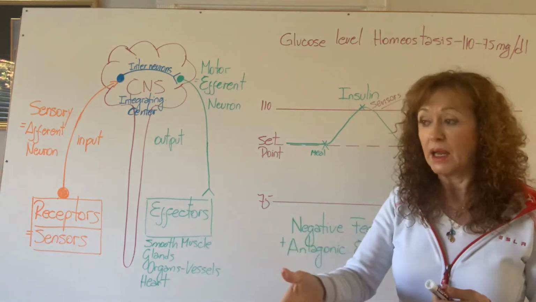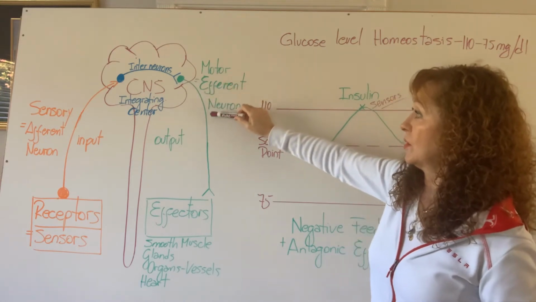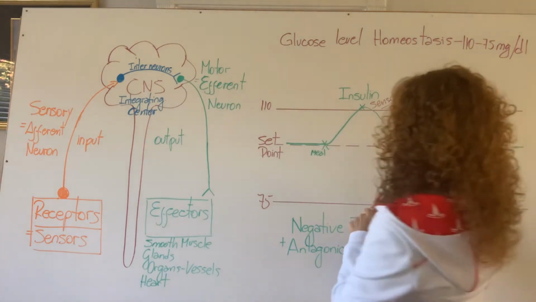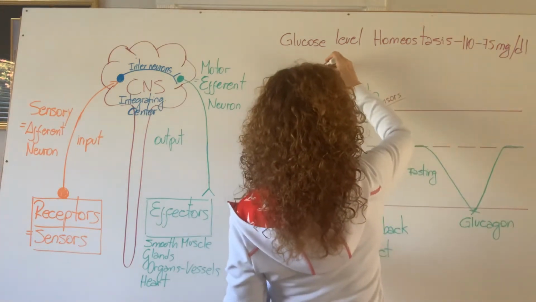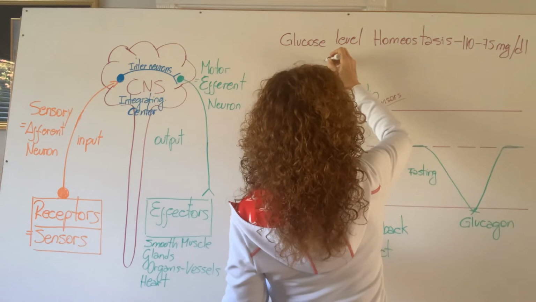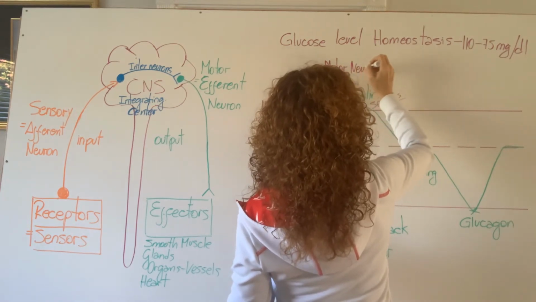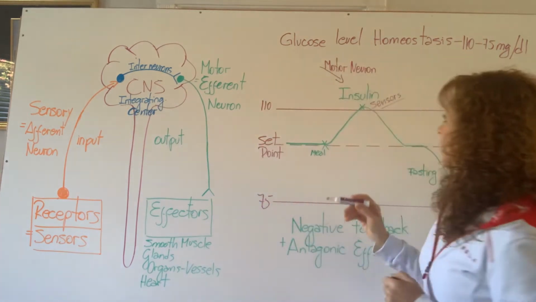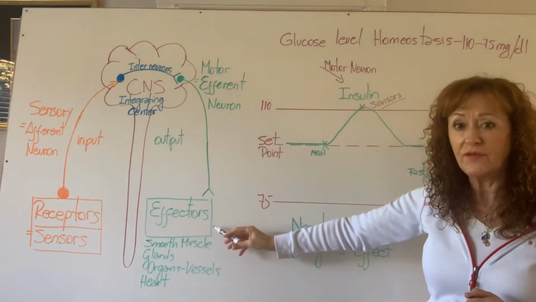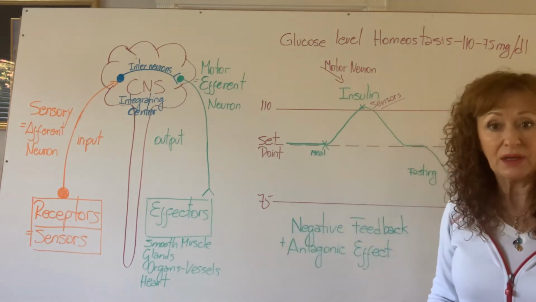This order is carried by the efferent motor neuron, and that motor neuron reaches the effector. The effector in this case is the pancreas.